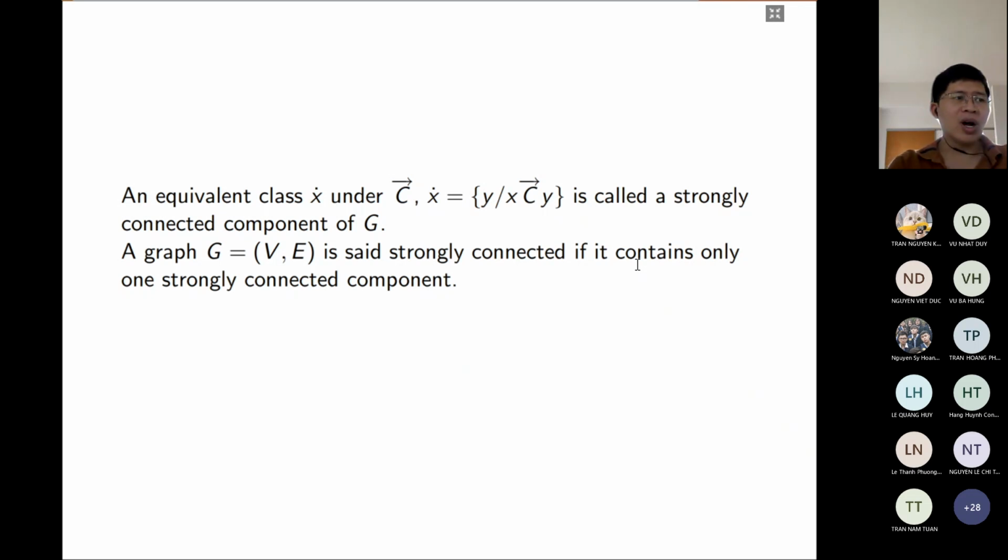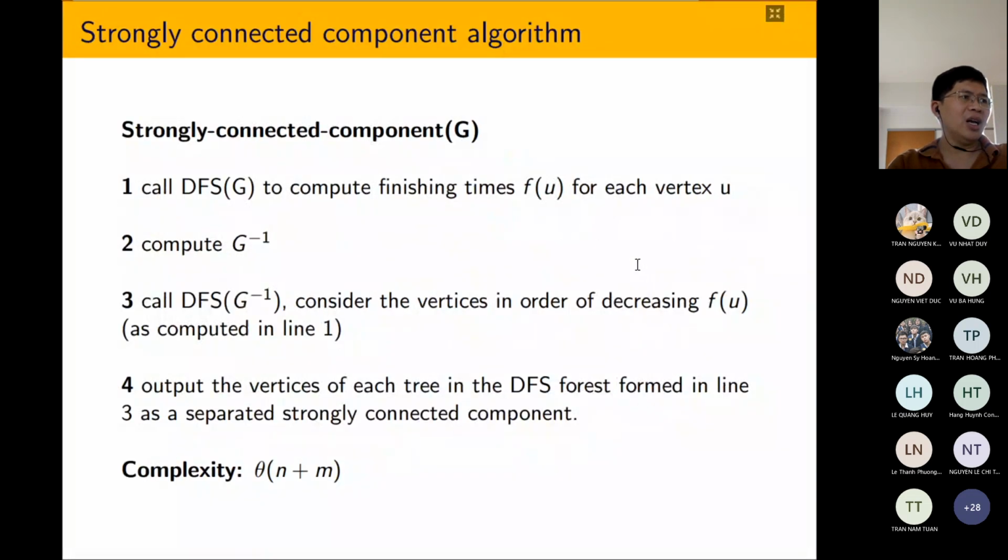Otherwise, we say it's not connected. And the way to do it, of course, is the algorithm. It's a bit complicated, but let's have a look at that. Now it's time for us to use the finishing time of the DFS algorithm.